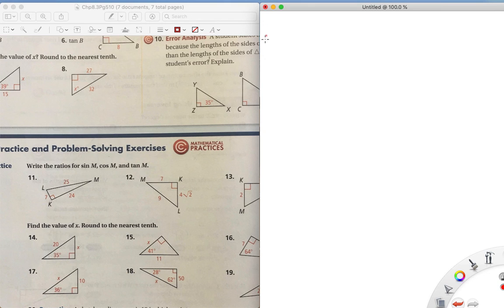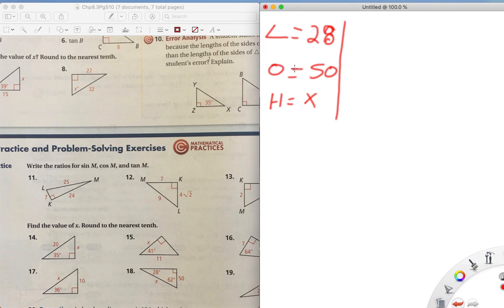So let's start with 28. Let's say I had angle 28. If you look at 50, 50 is across or opposite of 28, so 50 is opposite, and x is my hypotenuse, and I'm looking for that. That's the 90-degree symbol, and it's across from that, so my hypotenuse will be x.